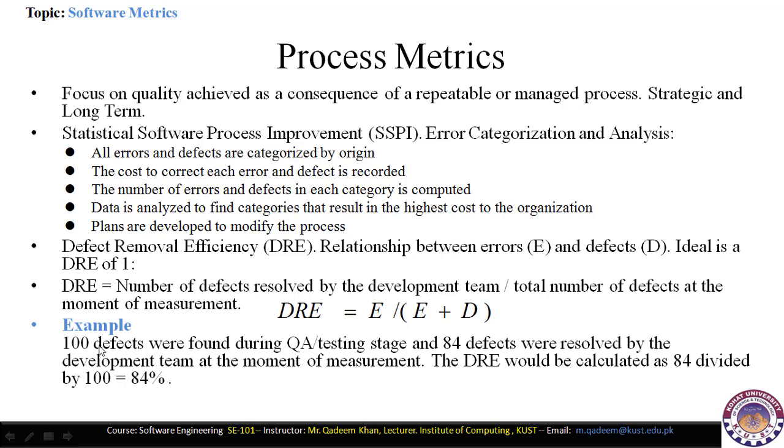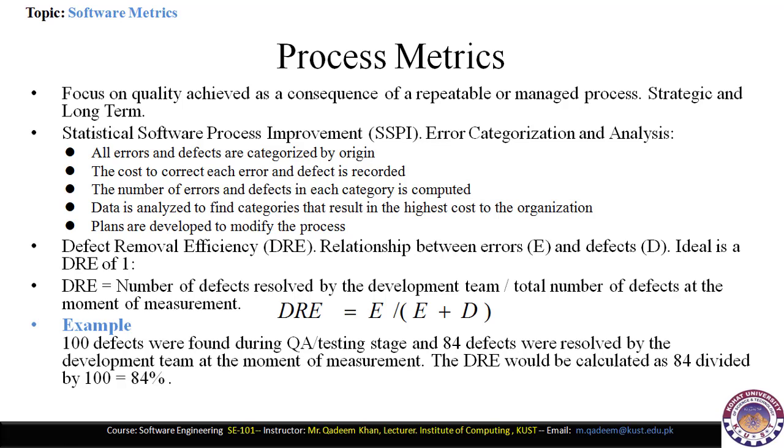If there are 100 defects found during the quality assurance testing stage and 84 defects were resolved by the development team at the moment of the measurement, then DRE would be calculated as 84 divided by 100. So total defects are 100 and 84 were resolved by the development team. That means 84 were the errors, and the total defects with the errors are 100. That's why it gives us 84% as the value of DRE.